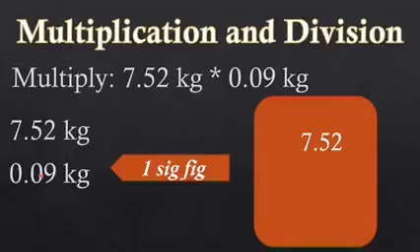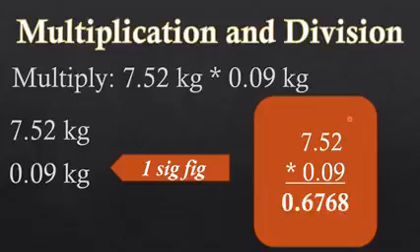So yung magiging factors natin, yung magiging divisor and dividend will remain as is. Okay? So, copy 7.52. Multiply by 0.09 and it will give us a product of 0.6768. So ito yung magiging product ng 7.52 times 0.09.